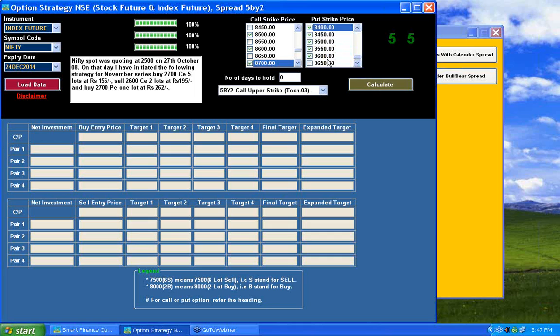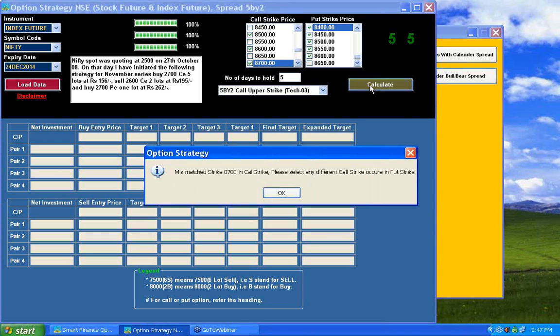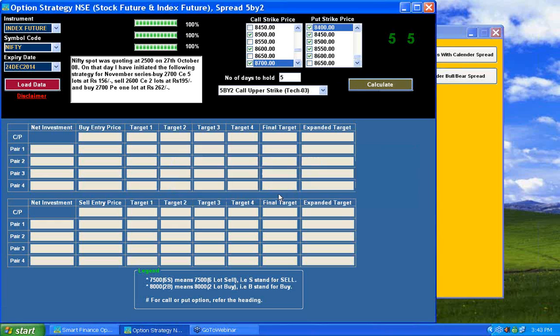If this is the combination I form, and I'm just going for 5 here, it shows a mismatch strike: 8700, which we do not have. So I can take out whichever is not there. 550 I can say, 450 I can take, 350 I can take, 300 I'll take out.